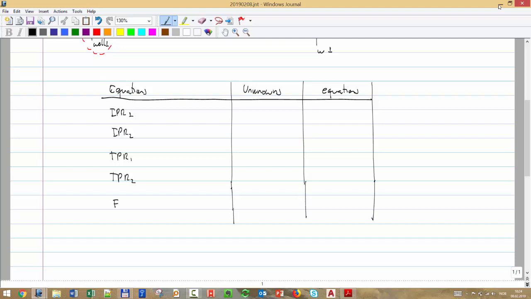The flow line, we can call it flow line PR, flow line performance relationship. Inflow performance relationship, tubing performance relationship, and flow line performance relationship.